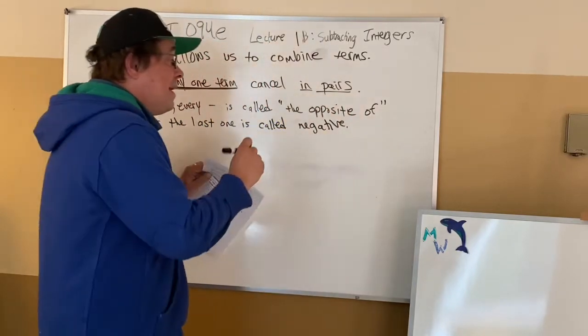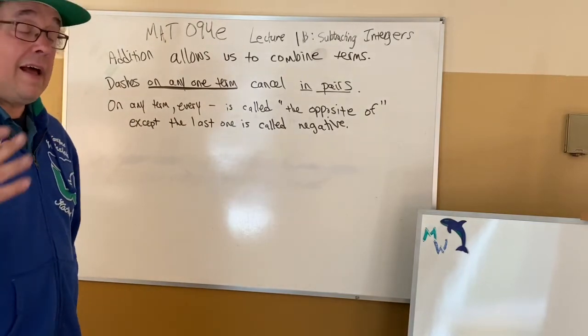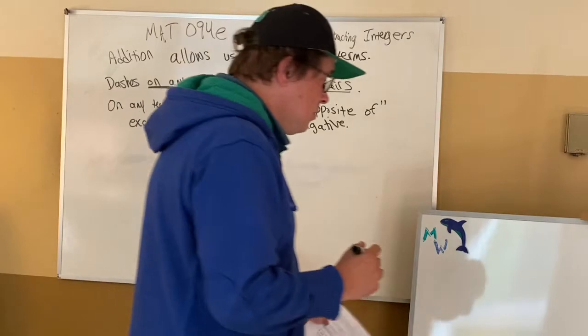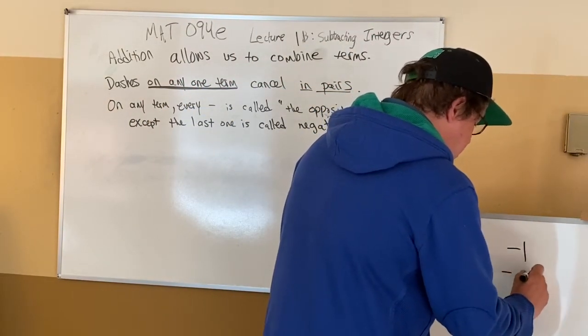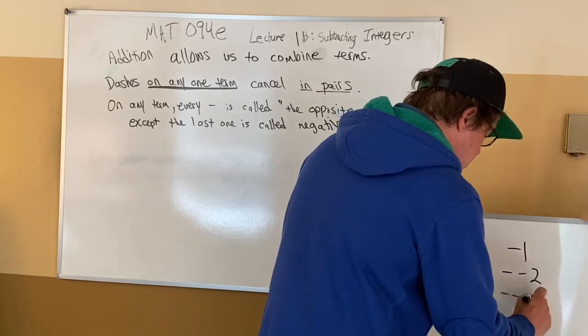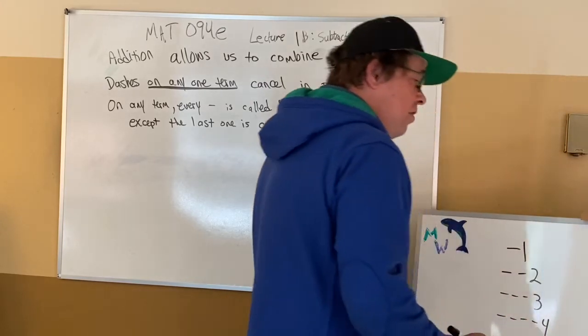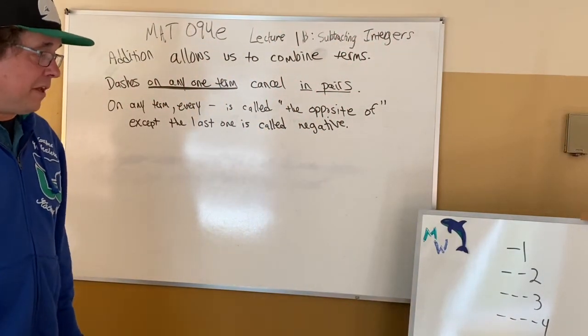Now, some people think the work I'm about to do makes them dizzy. I am going to show you how it makes me dizzy. So what I'm going to do is put up a single dash with a 1, and 2 dashes with a 2, and 3 dashes with a 3, and 4 dashes with a 4, and that's as far as I go, because I find this dizzying.